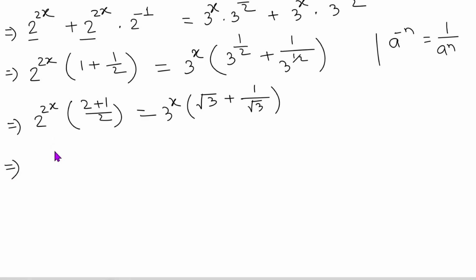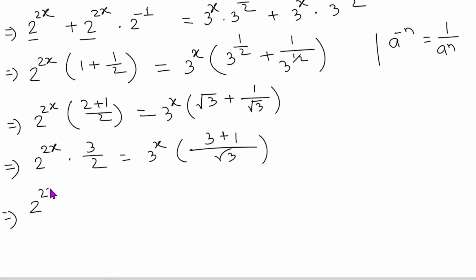Then 2 to the power 2x equals 2 plus 1 is 3 by 2 equals 3 to the power x, and this one becomes root 3. So here is root 3 times root 3 is 3 plus 1.